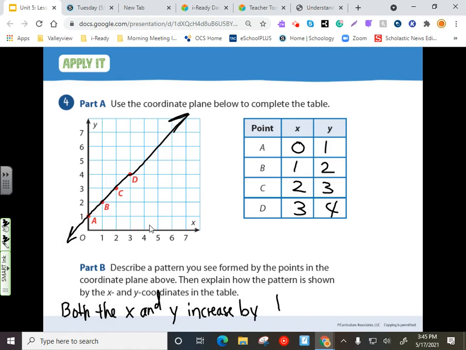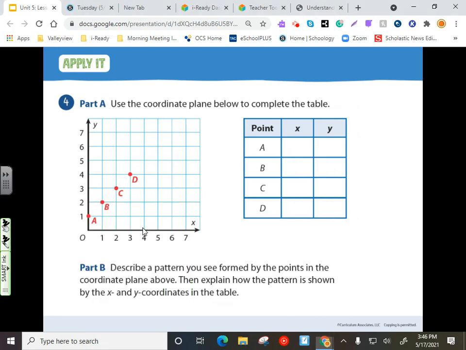So you'll learn later on that you get lines if you have both coordinates increasing by the same amount. It's kind of interesting how that works that way. And it also helps to point out that these tables are great for seeing patterns in a different way, because we can see that this is a line on the left, but seeing the data points and the numbers, you can see the pattern right there.